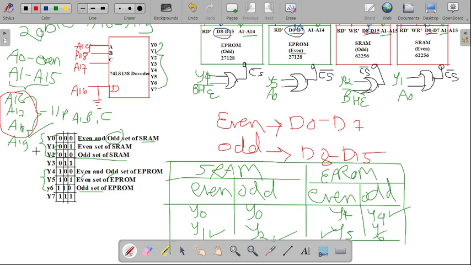Now, which lines will be pending? Whenever we are using that input, you can consider the higher order address lines for our A, B, C, which will be A17, A18 and A19. So this will be considered as the input.